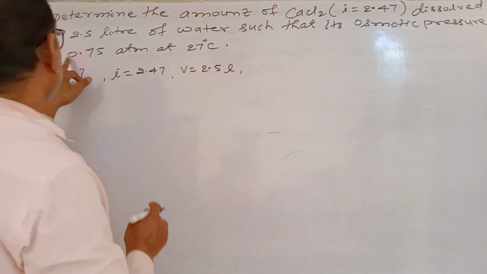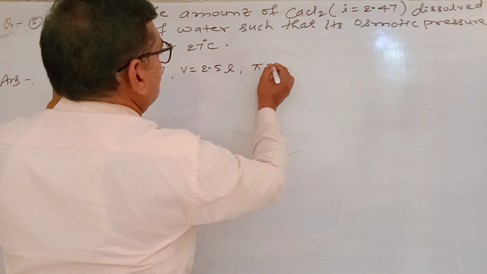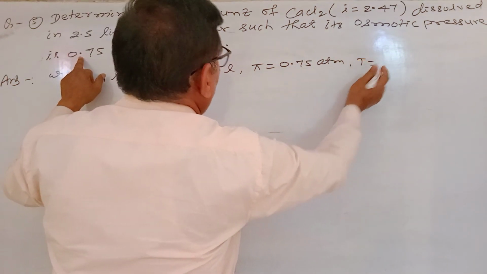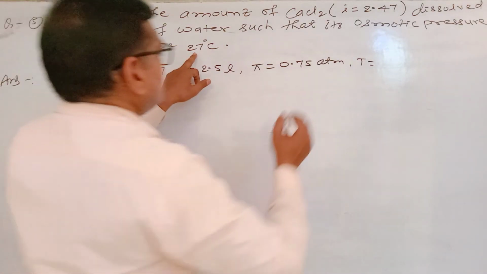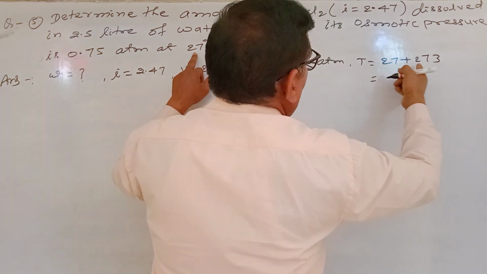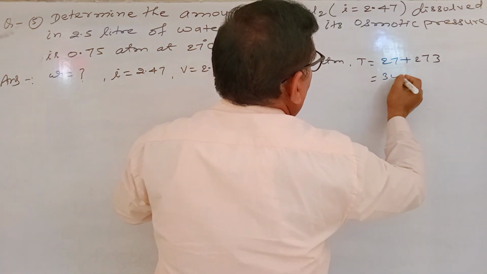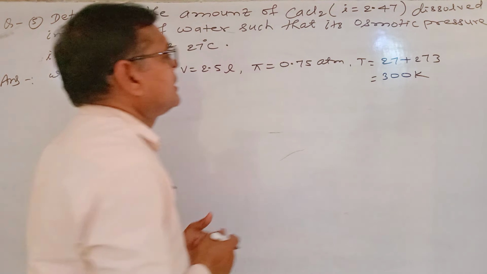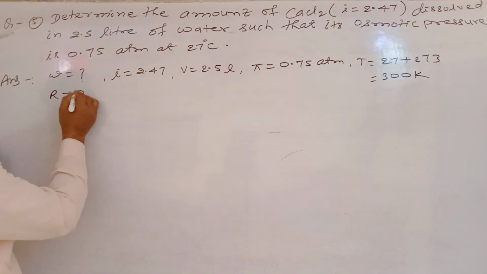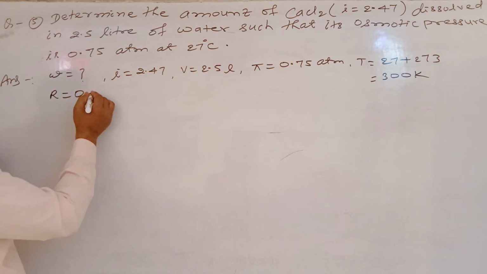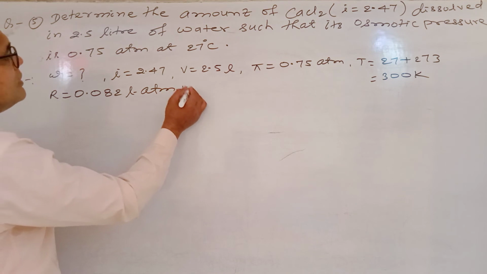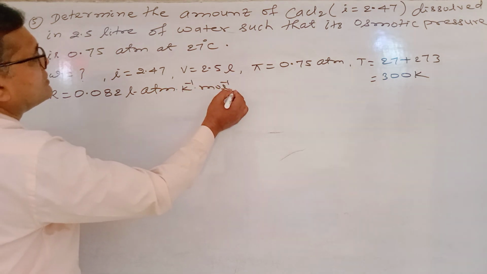Osmotic pressure pi is equal to 0.75 atm. The temperature T is 27 degrees Celsius. We convert to Kelvin and add 273. We get 300 Kelvin. Here we write the value of gas constant, 0.082 liter atm Kelvin inverse mole inverse.